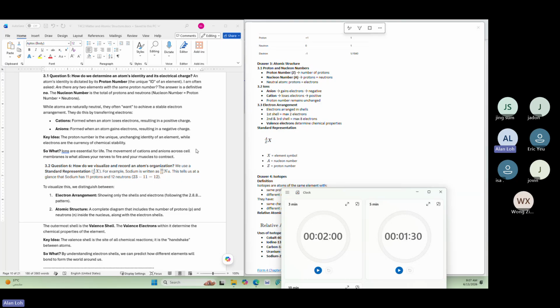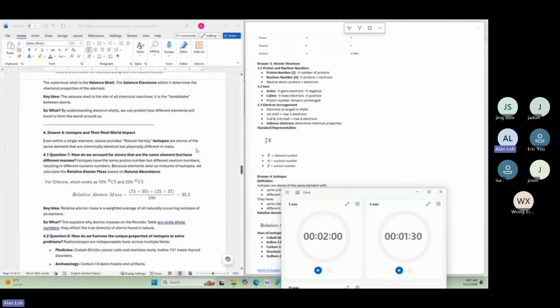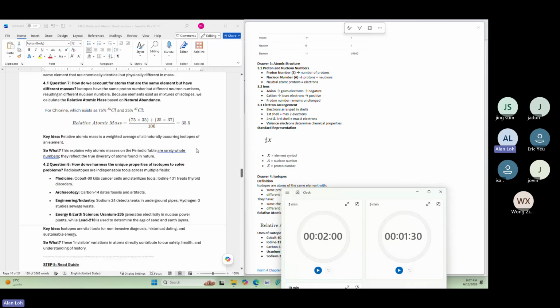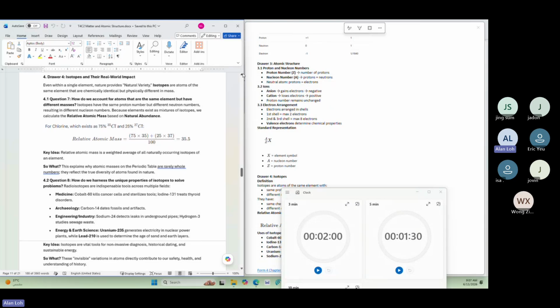All right, so your drawer 3 should improve to level 4 now. Let's go to the last drawer. There are 2 questions on 1 page. We will do 3 minutes. Let's start now. 3 minutes for the 2 questions. Isotope, what is isotope?